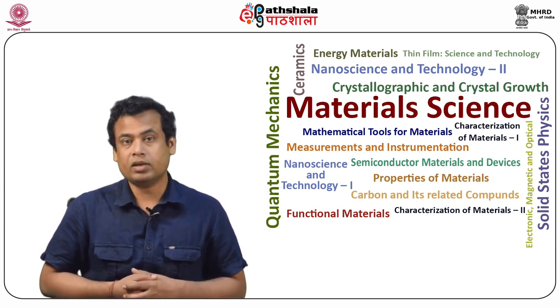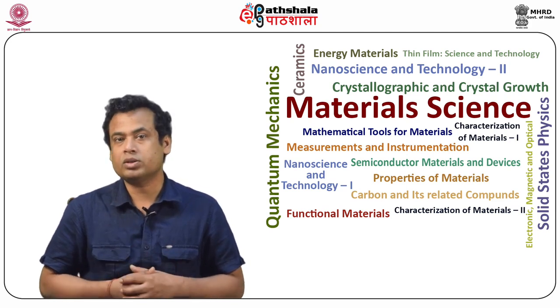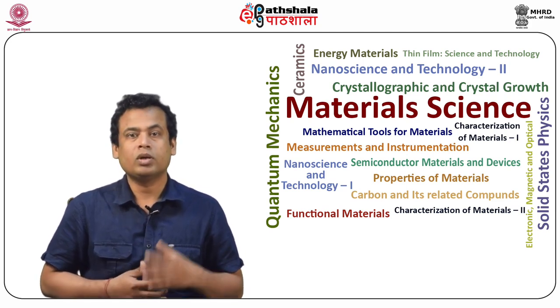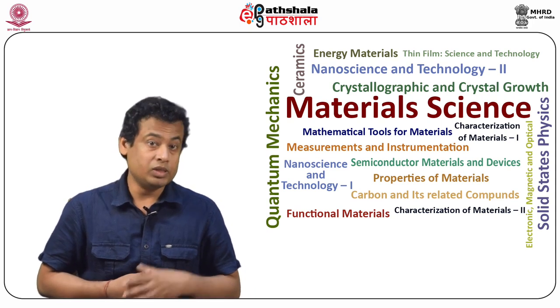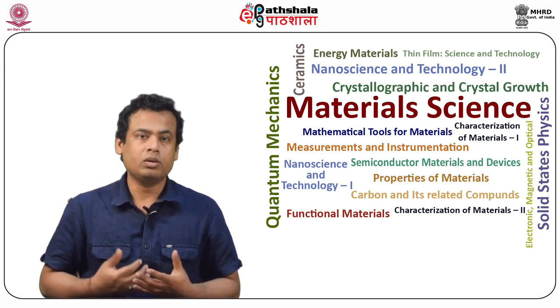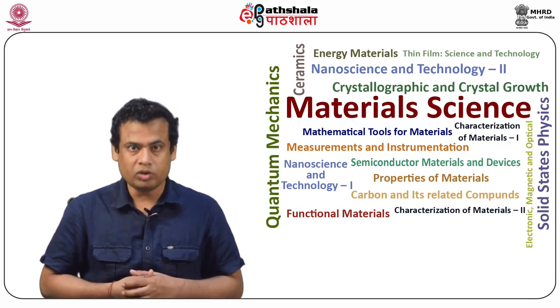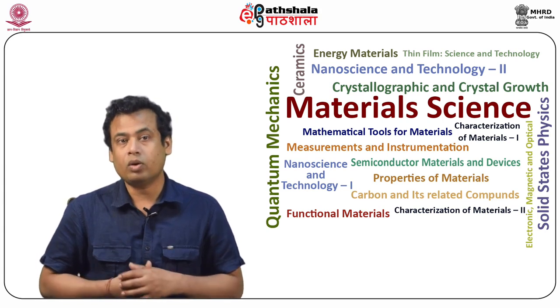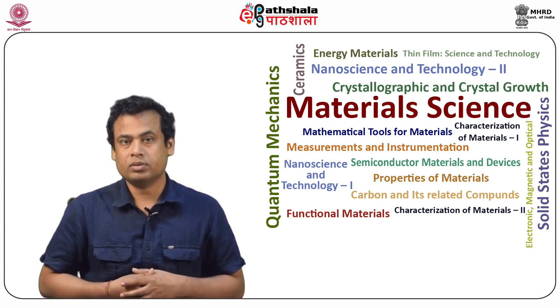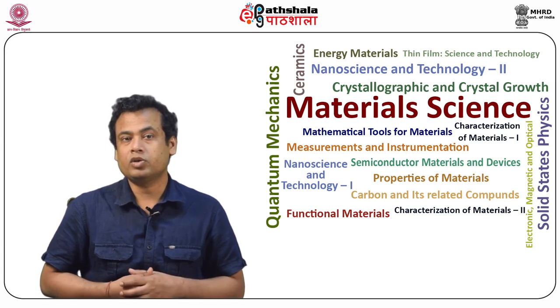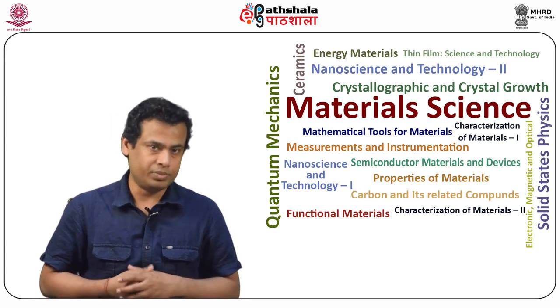The secondary electrons, the low energy electrons, about 10 to 50 electron volts, are generated from the collision between the incoming electrons and the loosely bound outer electrons, and can provide topographic information of the specimen.